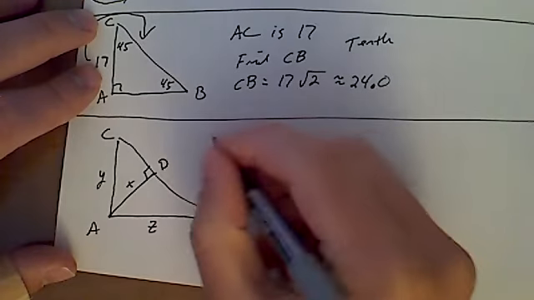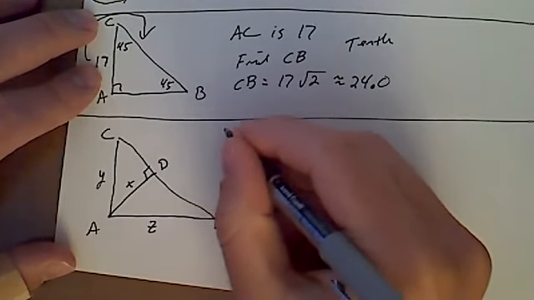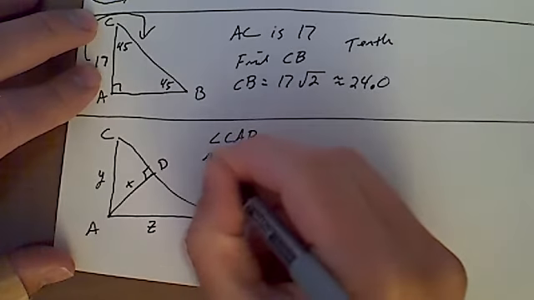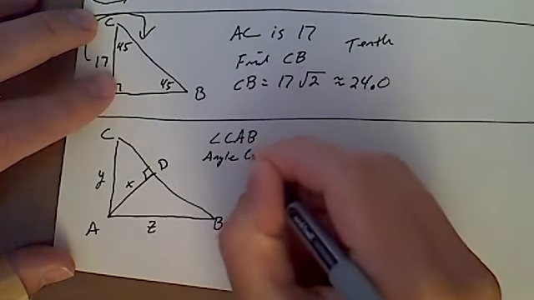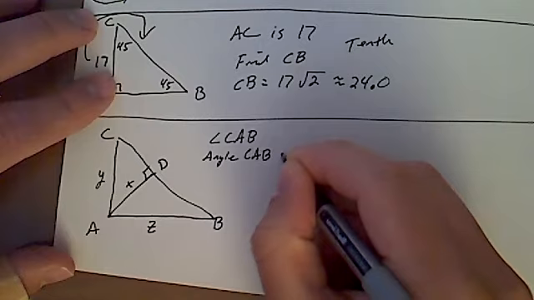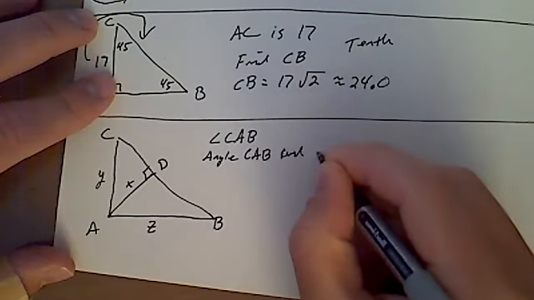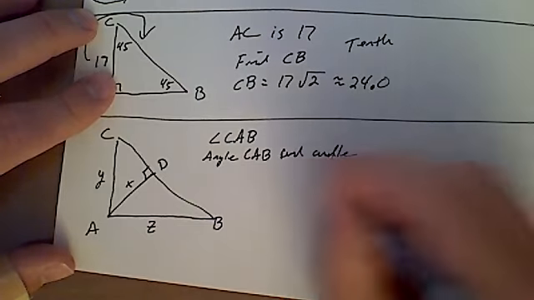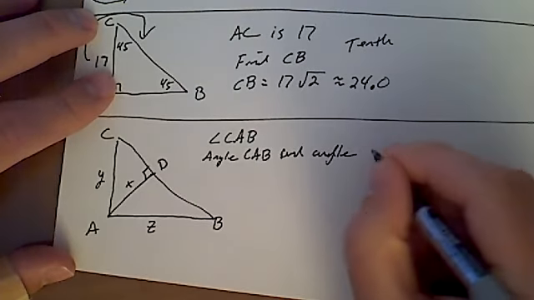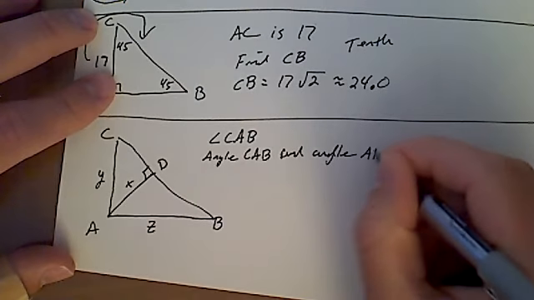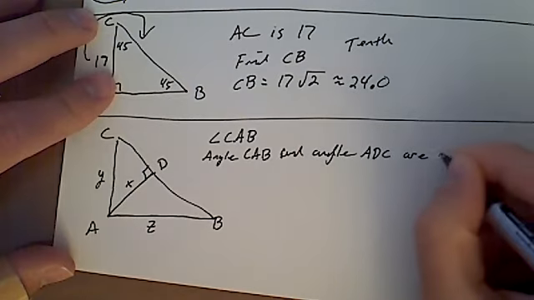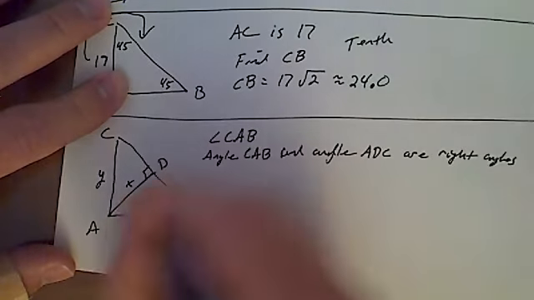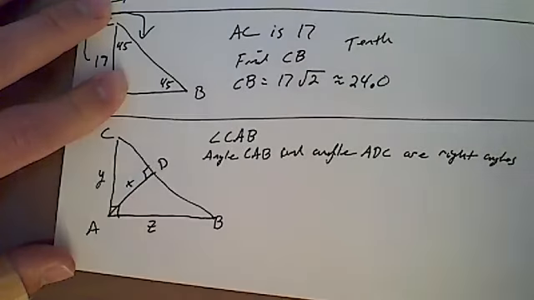Here, the directions will also tell you that angle CAB and angle ADC are right angles. So this angle and this angle are right angles.